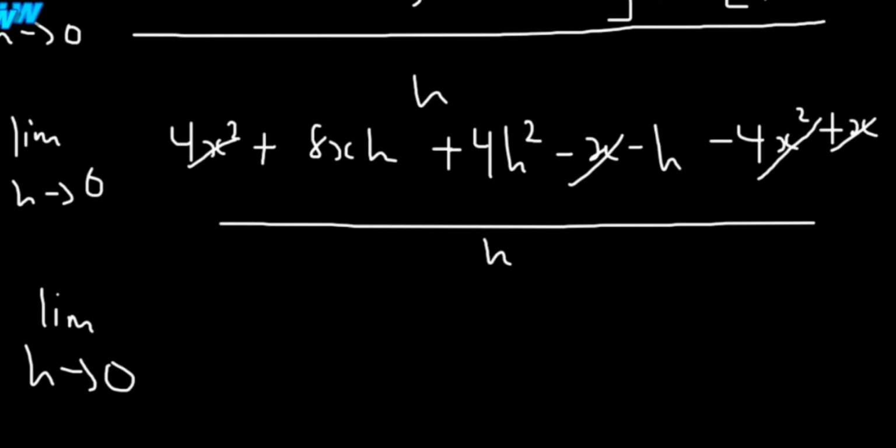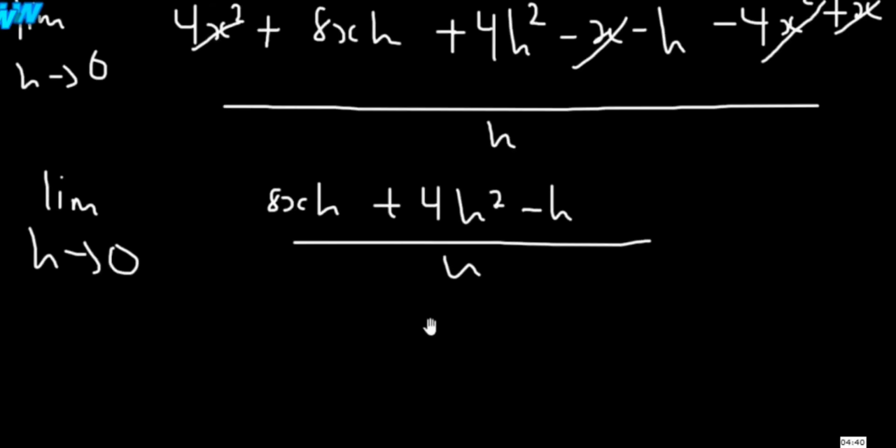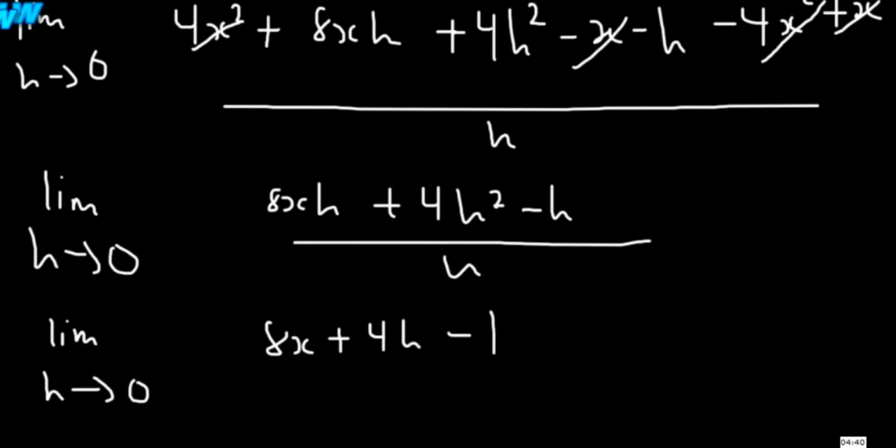So at the end I have 8xh plus 4h squared minus h, all over h. So from here we can cancel out h. So the limit as h approaches 0 will be 8x plus 4h minus 1.